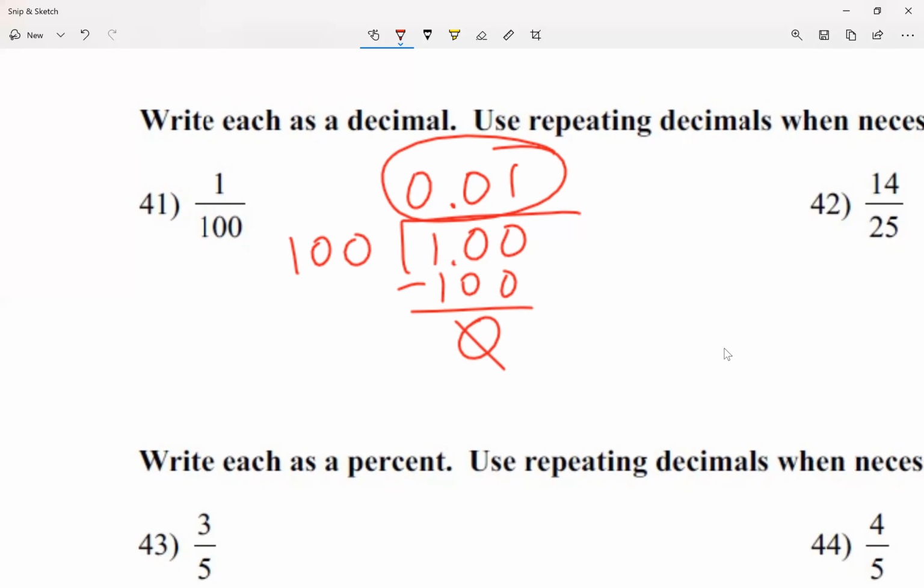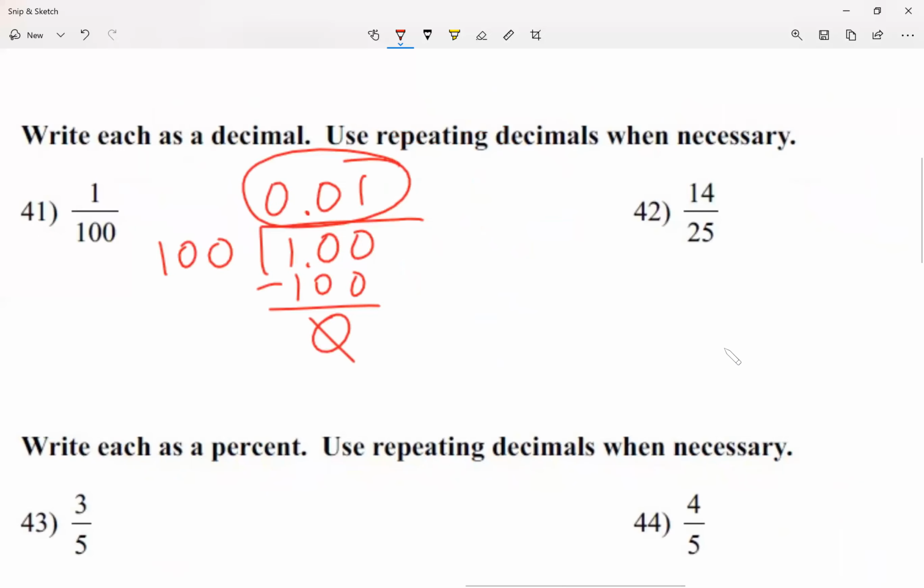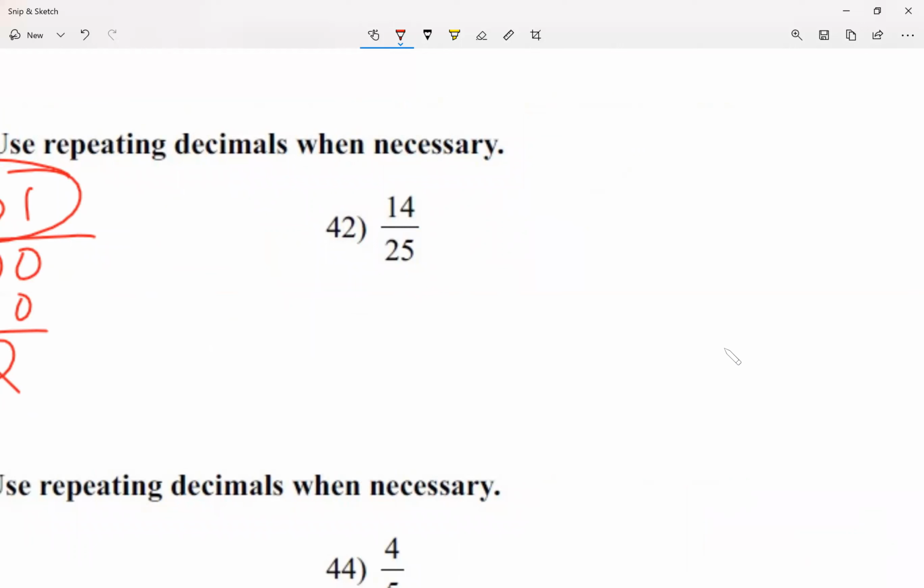That's one way. Another way I showed you was using the denominator, the number at the bottom. Make sure the number at the bottom is a 1 with zeros, so it's either 10, 100, 1,000. If you want to divide, by all means, divide. But I'm going to use the denominator.